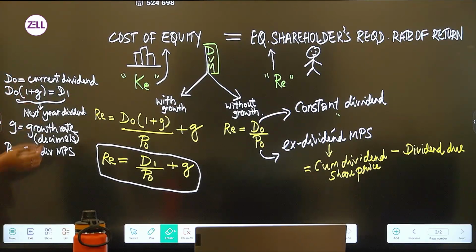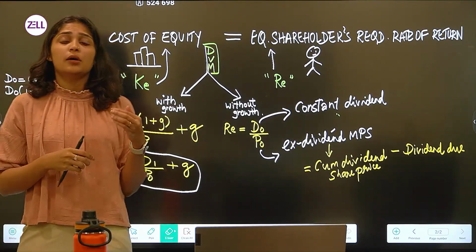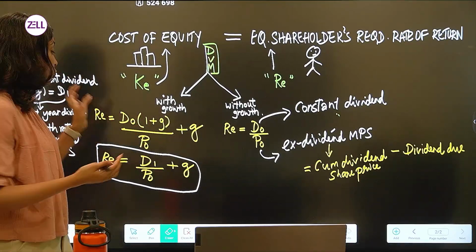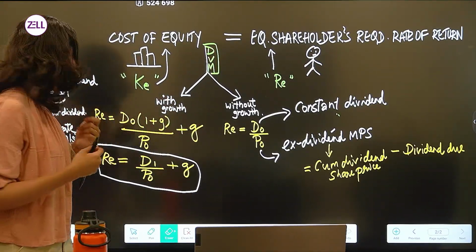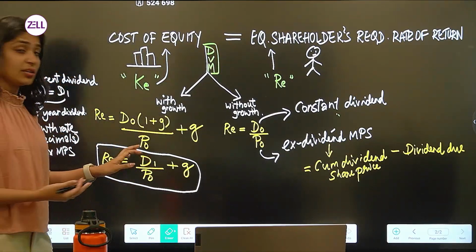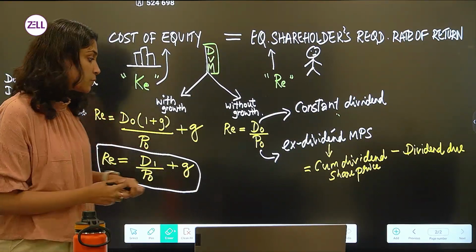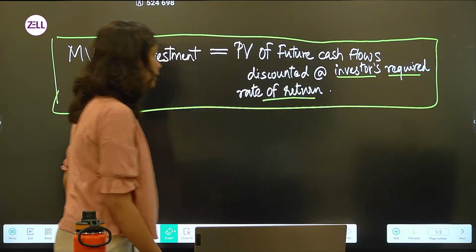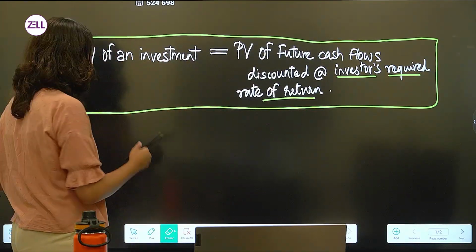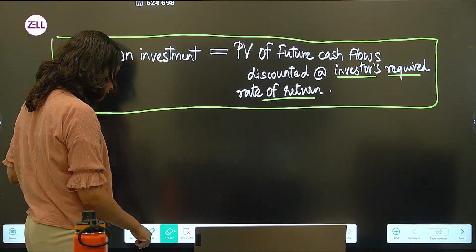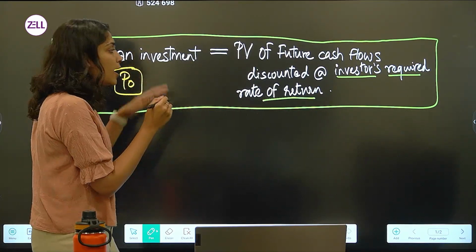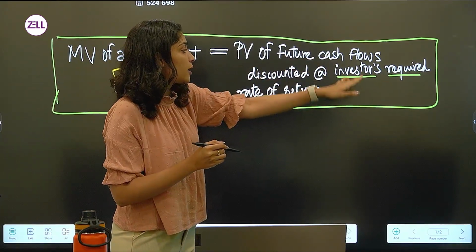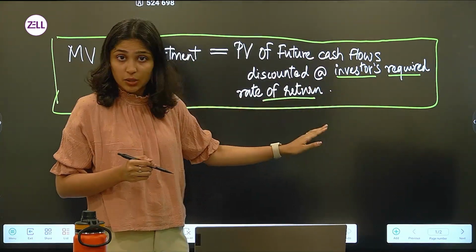Now more on this we will come to when we are going ahead with this chapter. You will understand this concept better when we are doing a particular problem. The reason I brought this up right now is because of this statement, market value of an investment. If I want to know the market price of the share, what exactly am I doing? I am discounting my future cash flows at investors' required rate of return.